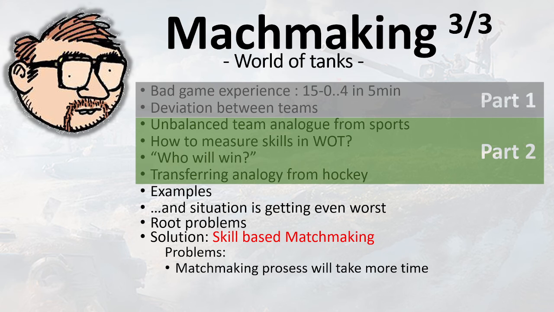But to be honest, I'm willing to change that 10 seconds waiting to a couple of minutes any time if I get those long and tight battles. I don't have any hurry to get those bad experiences, 5-minute games, which bring me very bad feelings, which is not fun anymore.